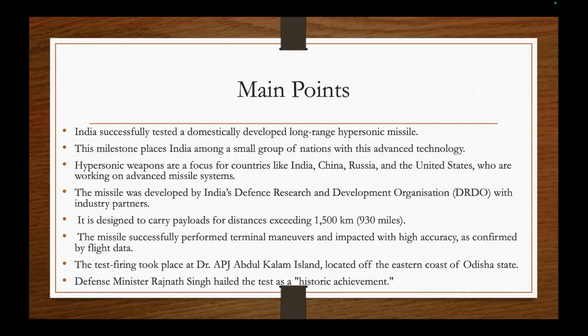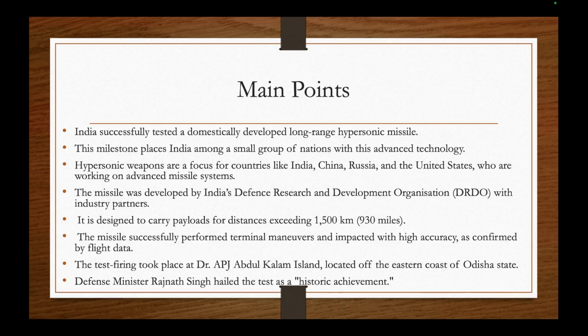It is designed to carry payloads for distances exceeding 1500 kilometers, that is 930 miles. The missile successfully performed terminal maneuvers and impacted with high accuracy as confirmed by flight data. The test firing took place at Dr. APJ Abdul Kalam Island, located off the eastern coast of Odisha state, and Defense Minister Rajnath Singh hailed the test as a historic achievement. Now, these are the main points.